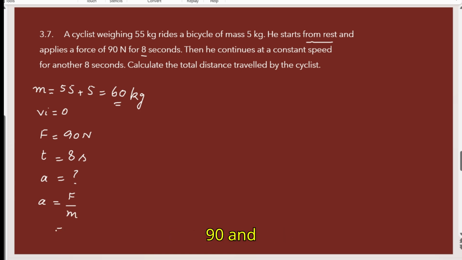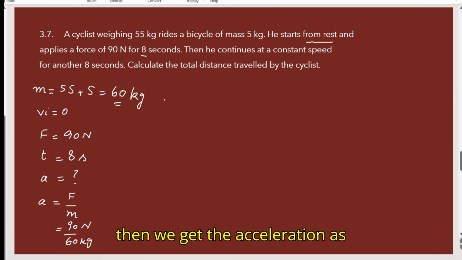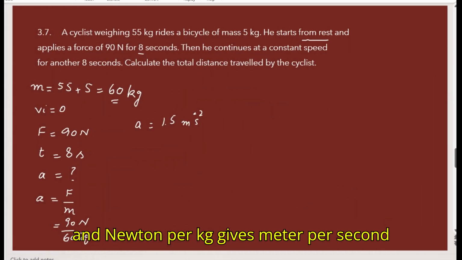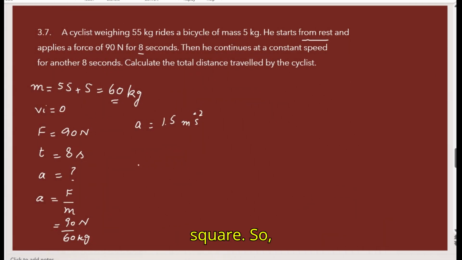Force is 90 Newton, and mass is 60 kg. So when we divide, we get the acceleration, and Newton per kg gives meter per second square.